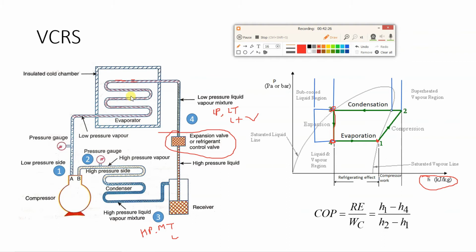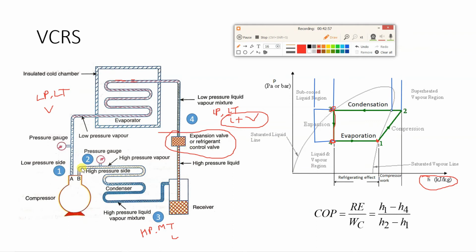Now what happens is liquid plus vapor is entering, and the refrigerant will pick up the heat from the evaporator and everything will get converted into vapor. So at the outlet of the evaporator, we will have low pressure, low temperature, complete vapor. Now this vapor can again be saturated vapor or it can be superheated vapor. Okay, so it depends.